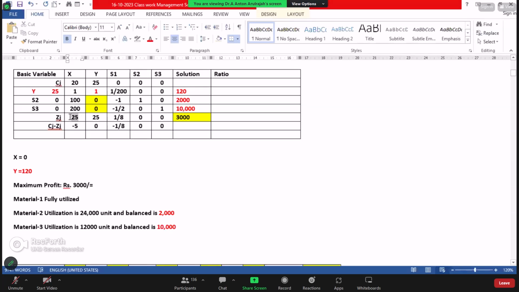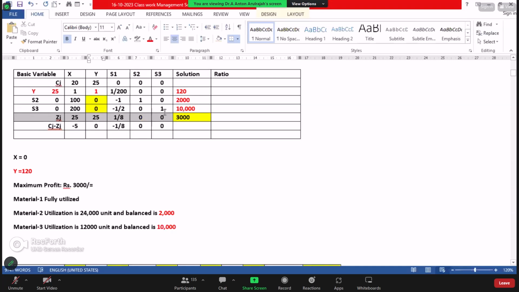Similarly, the second one, 25 multiplied by 1 is 25, 0 multiplied by 0, and this multiplied by 0. Likewise, all of these have to be calculated by multiplying the Zj values.